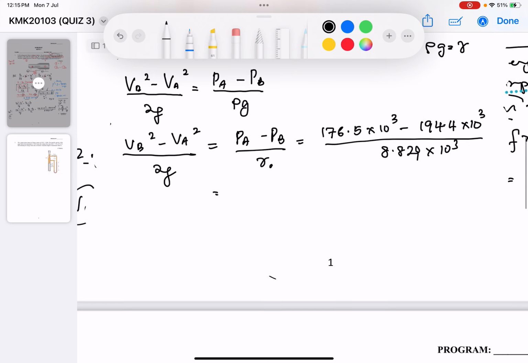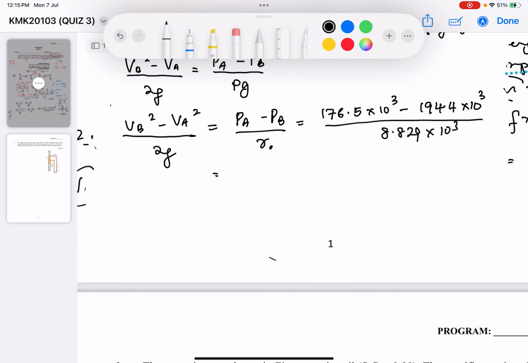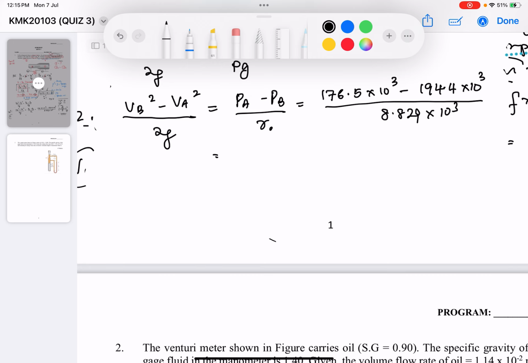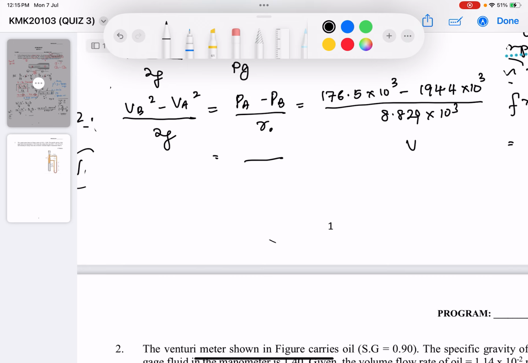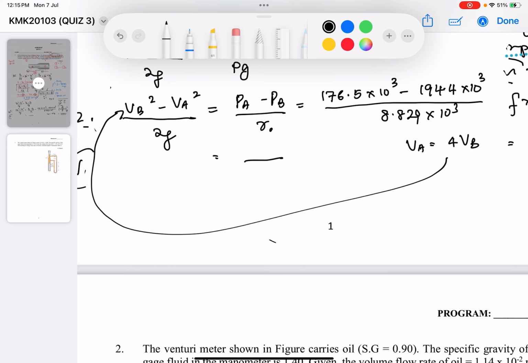And then I should get the value of something. I also know from the continuity equation that VA equals 4 multiplied by VB. Therefore, I can substitute into here. So I end up with VB power of 2 minus 4 multiplied by VB power of 2 divided by 2G equals this value.